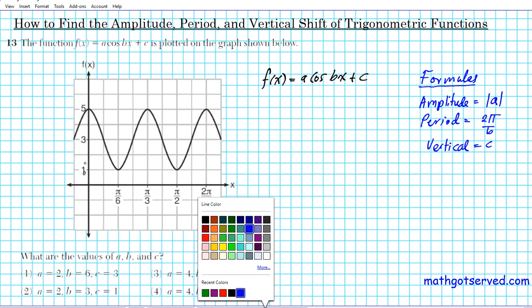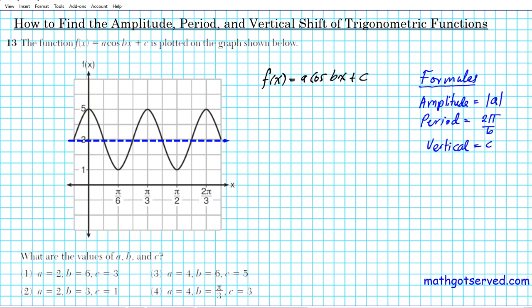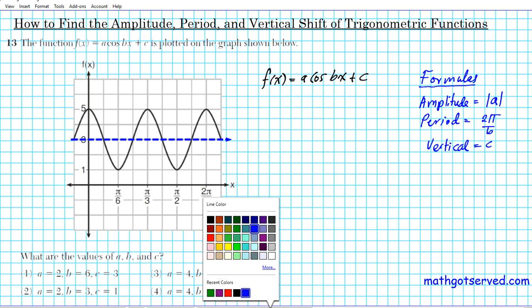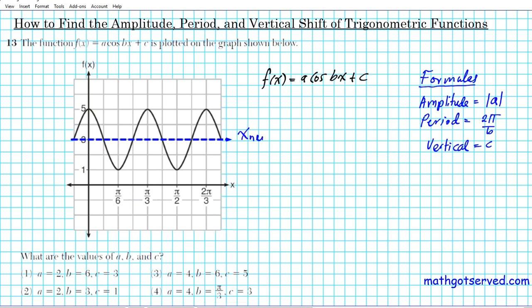If you find the middle point, 1, 2, 3, 4, divide 4 by 2, you see that this is the center. This line divides the graph into identical halves, all right? So that's the central point right there. That's your new x-axis. You can call that x new, after the shift.